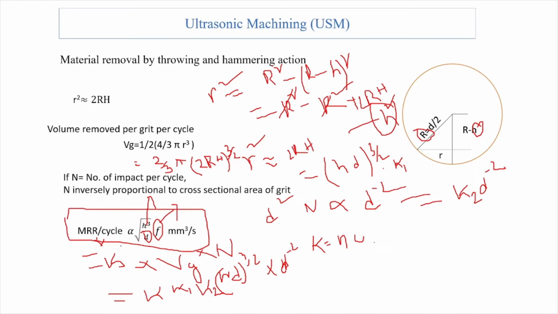Using this relation, if the frequency is varied, how will MRR vary? MRR will be directly proportional to frequency, and MRR will also be directly proportional to h. So from this equation we can solve the numericals.